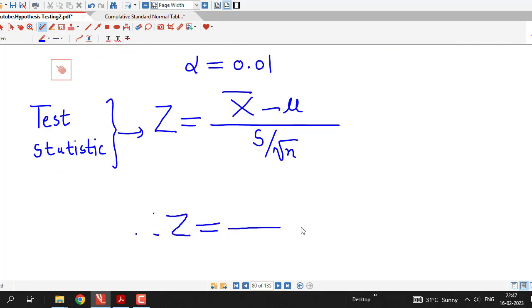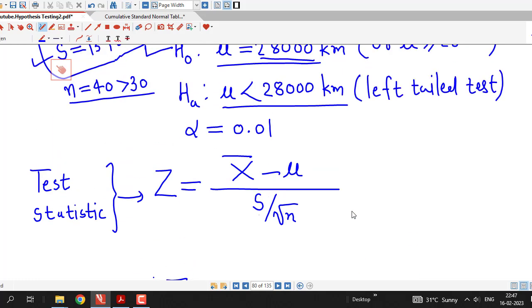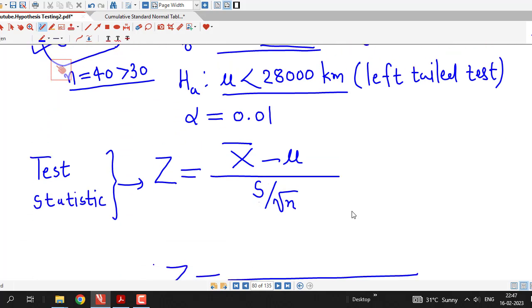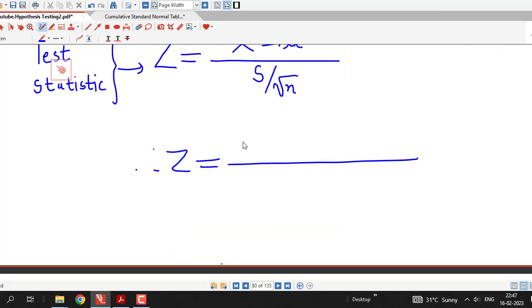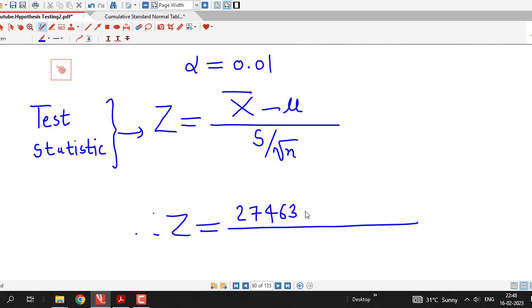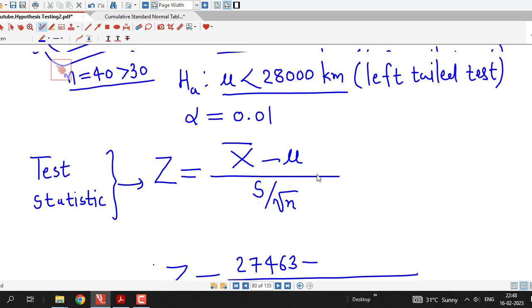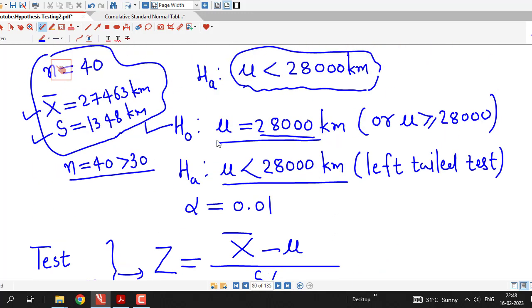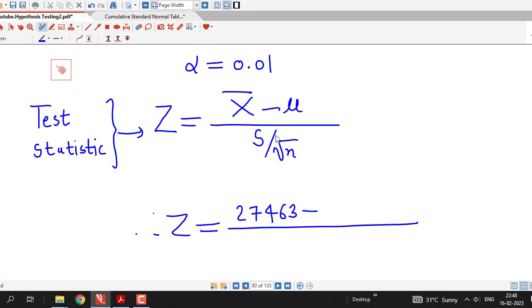Therefore z equal to, sample mean of 40 tires is 27463 km. So here we substitute 27463 for x bar, minus the value of population mean. If the null hypothesis is correct, we put mu equal to 28,000 km.